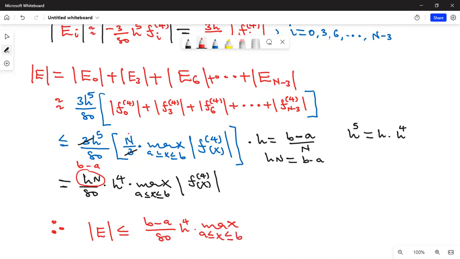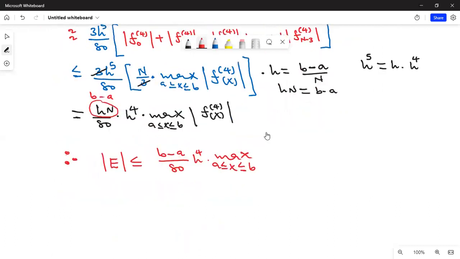So that's how to find the truncation error bound in this method. Let me bracket it.